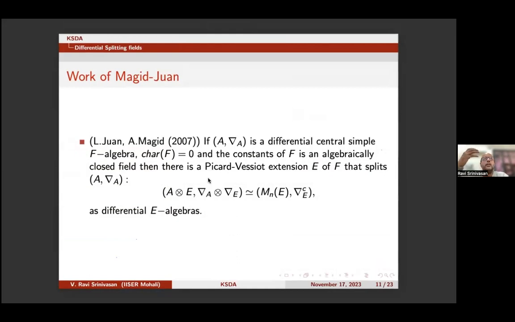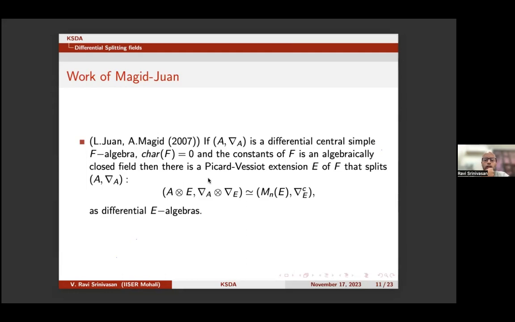In general, if you have central simple algebras, you have finite algebraic extensions splitting them. If the central simple algebra admits a maximal subfield, then that splits it. And also in general, there are Galois extensions splitting a central simple algebra. So similarly, if I am given a differential central simple algebra, the question is whether there are differential fields splitting them.